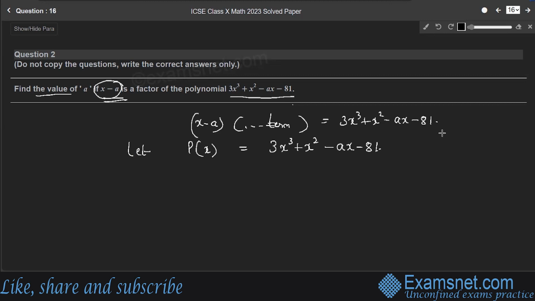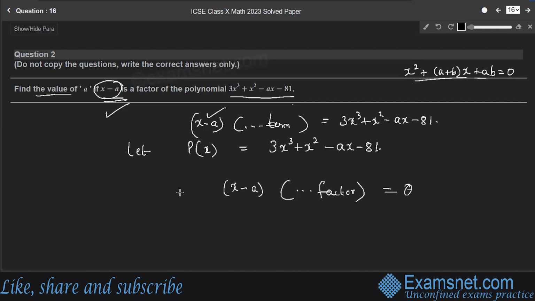Right? So, since x minus a is a factor, the product of a factor of a polynomial into another factor is always 0. Right? So, in the general case, if you consider a polynomial x square plus (a plus b) x plus ab is equal to 0, let us factorize this, either by splitting the middle term or in any other method using the formula minus b plus or minus that formula.